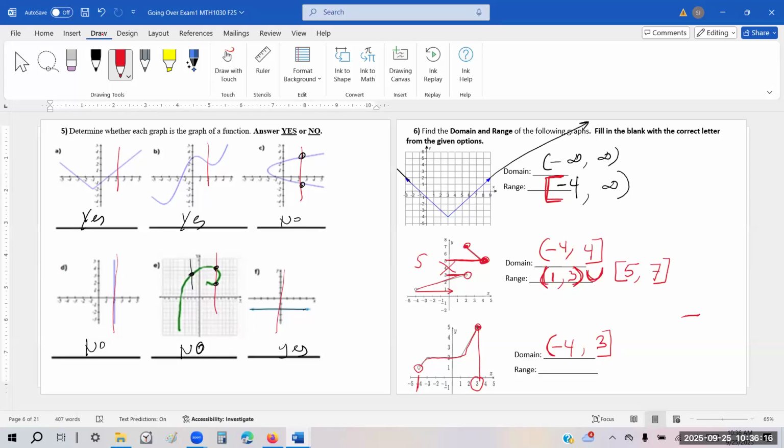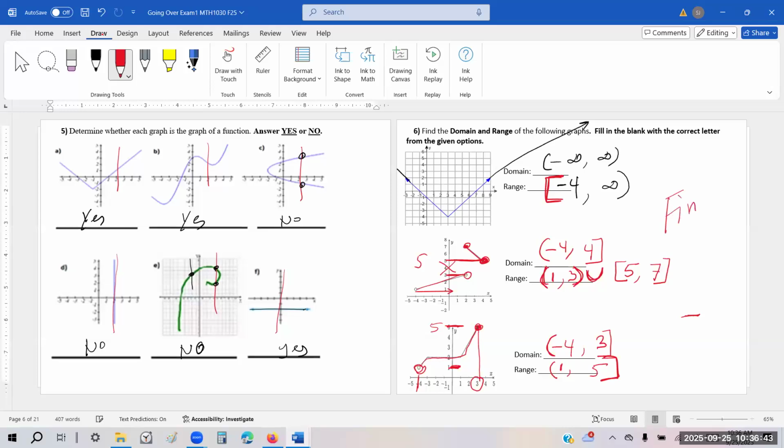Now, in this journey, your y starts from 1, and here your y stops at 5. So it's 1 to 5 for the y, but when y is 1, there is a hole, so parentheses, and when y is 5, there's a closed circle, so it's a bracket. Any question?